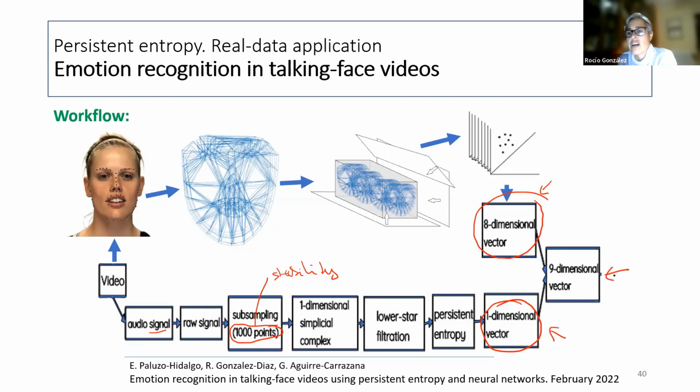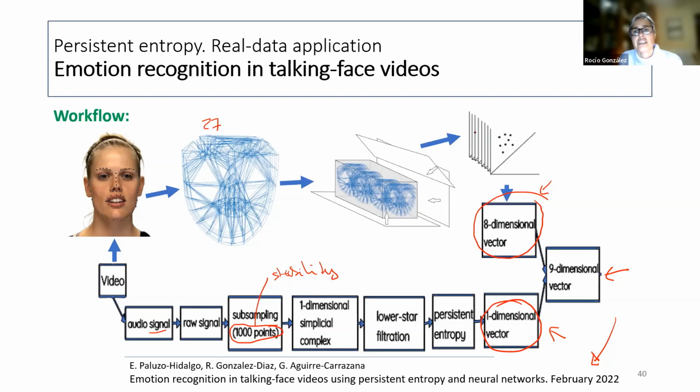So finally, we have a 9-dimensional vector that represents a video of a talking face of a person expressing an emotion. Also, I didn't say that we always have the same number of frames, maybe 27 or something like that. The details are in the paper.